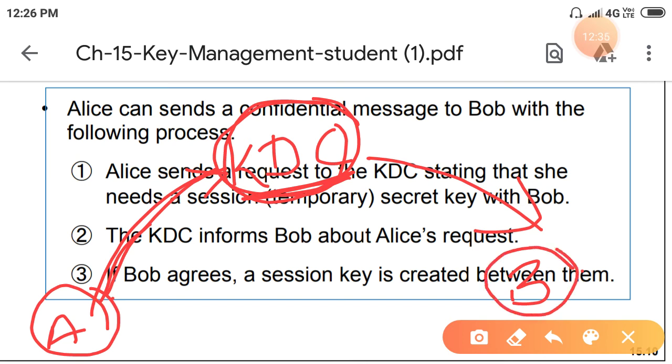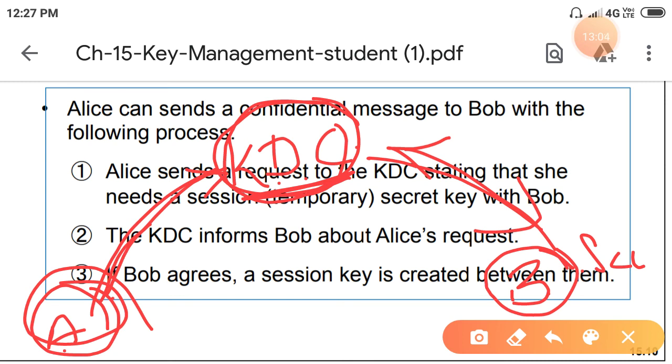If B accepts, if B is ready to talk with A, then B can send his authentication to the KDC by using his secret key. Here, the communication between B and the KDC, and A and the KDC, is happening by using their own secret keys. If A is ready, then he will send the authentication: "Yeah, A can talk with me."